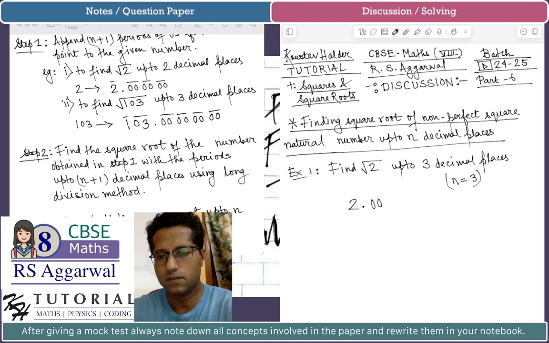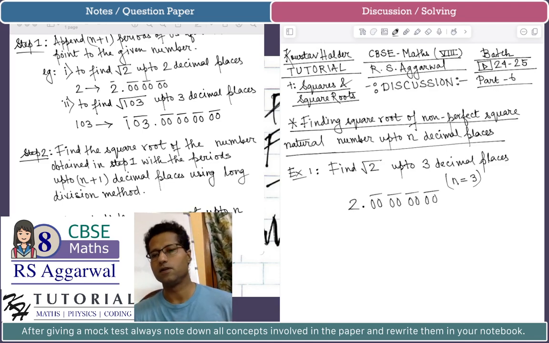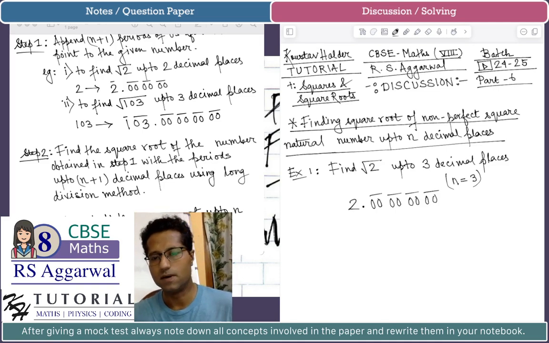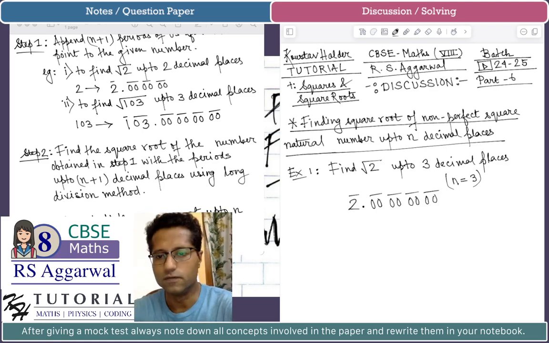This is 1 period, 2nd period, 3rd period, 4th period. So we append 4, that is n plus 1, periods of zeros after the decimal point to the given number, and then we also mark the period in the given number. Now we start the long division method.